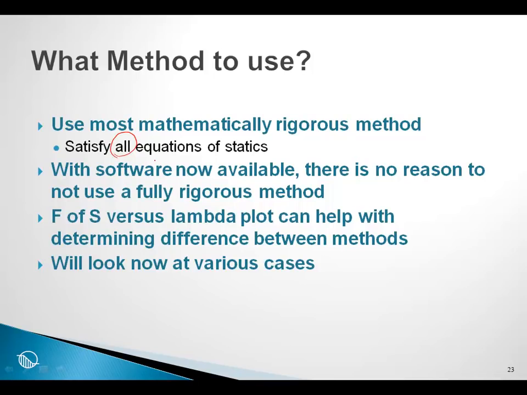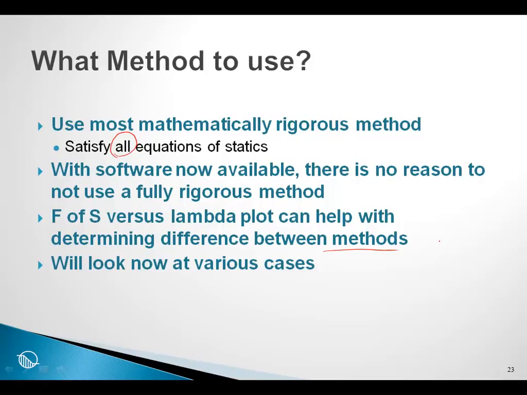With the software now available, there is no reason to not use a fully rigorous method. There is no more work involved in defining a problem for a Spencer method than it is for a Bishop method. And if you are curious about the difference between factors of safety, then you can produce a GLE plot. The factor of safety versus lambda plot can help you determine the difference between the methods if you see a difference.